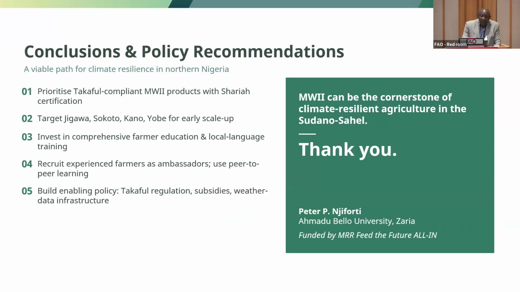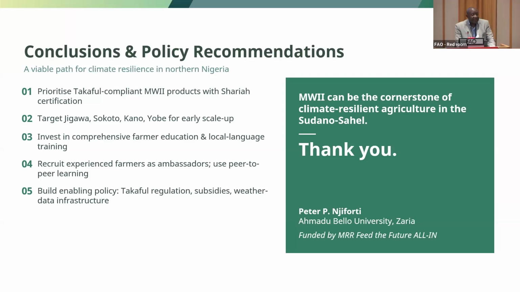Now, what conclusion and policy recommendation did we draw? We concluded that the mutual weather index insurance is a viable plan for climate resilience in northern Nigeria. But the key recommendation we made was that priority should be given to the TACAFO-compliant mutual weather index product with Sharia compliance, because it's compliant with Sharia law.